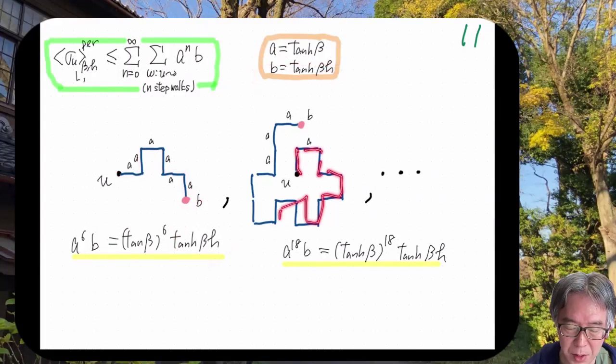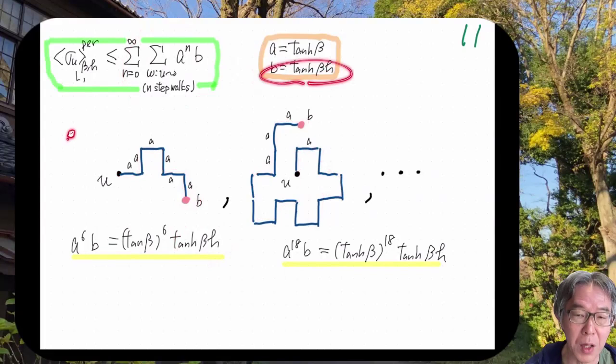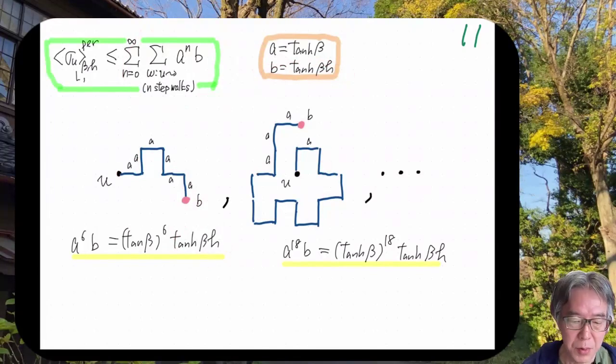This is an 18-step walk, and here you pick up the effect of the magnetic field, and so on. So we sum over all such possible random walks, starting from 0. 0 means you are just here and pick up this.